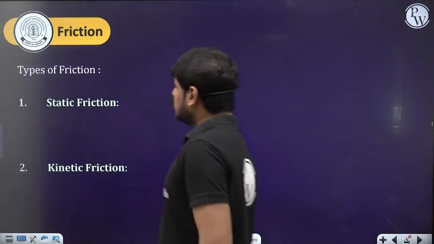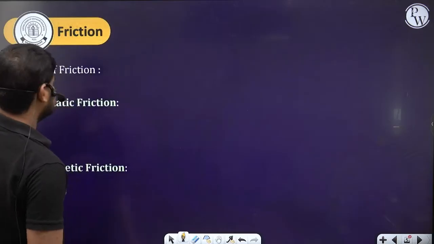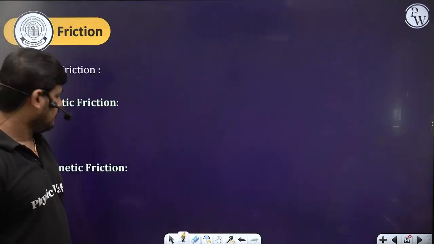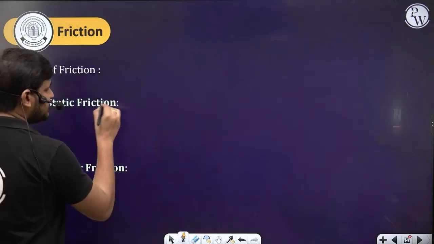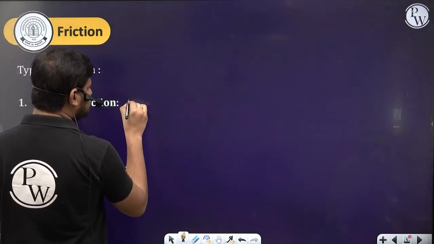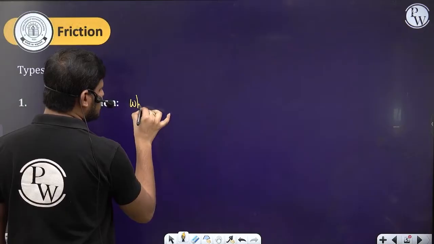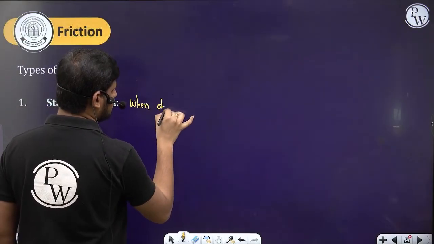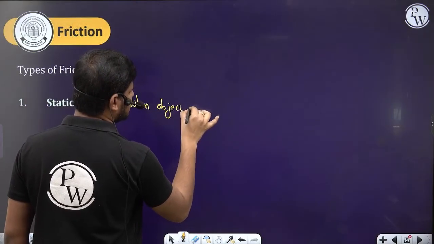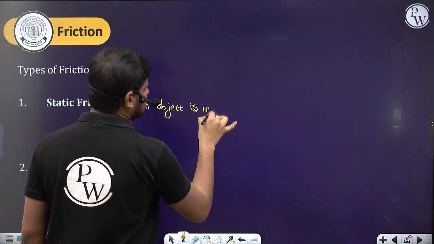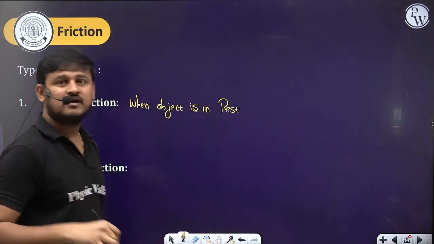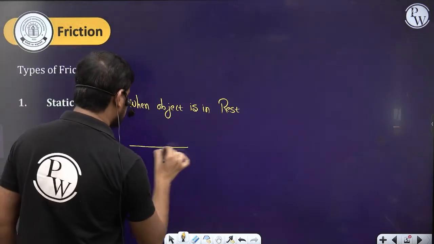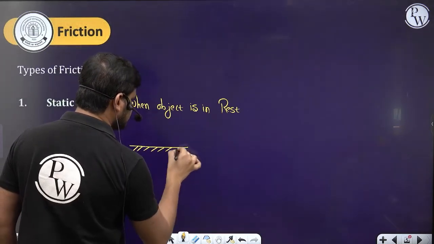Now there are two types of friction. One is the static friction, and the next one is the kinetic friction. The static friction acts when the object is at rest. When the object is at rest, the friction that acts on that body is said to be static friction. See here, this is the rough surface.